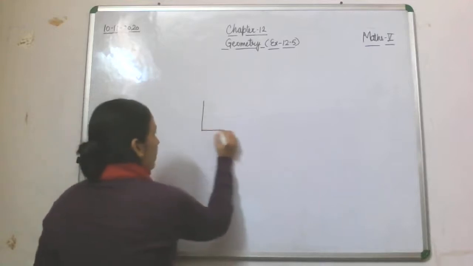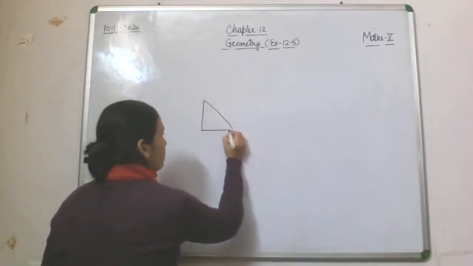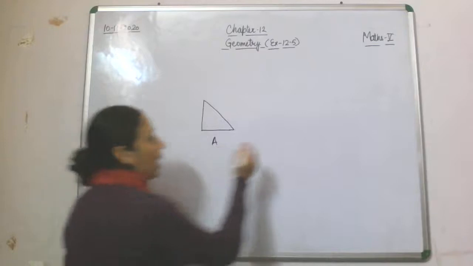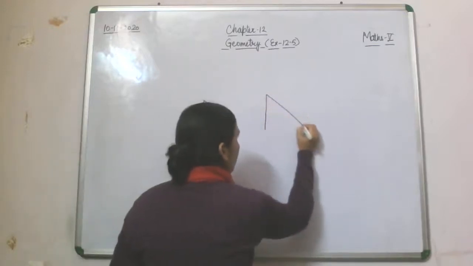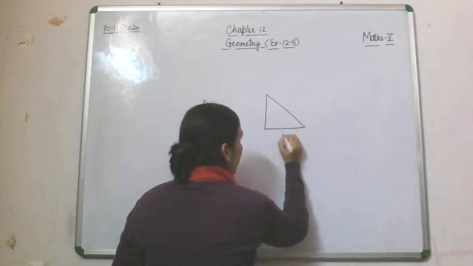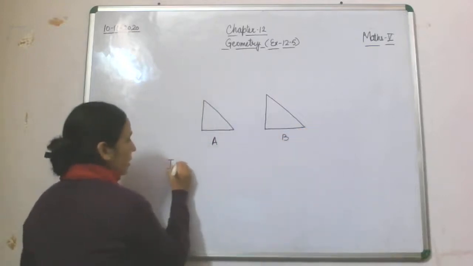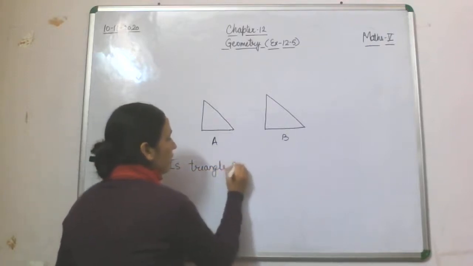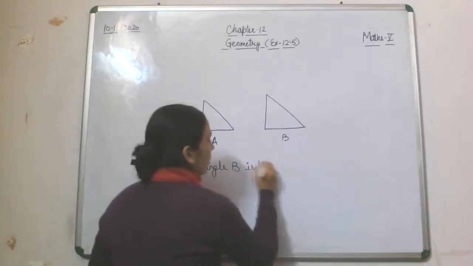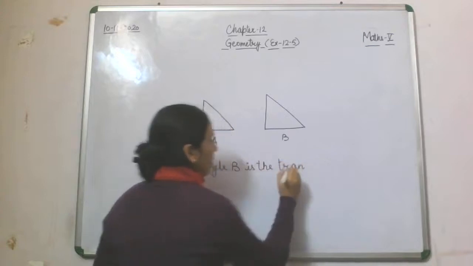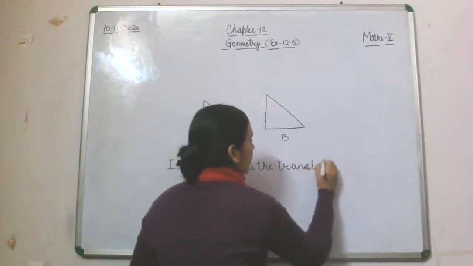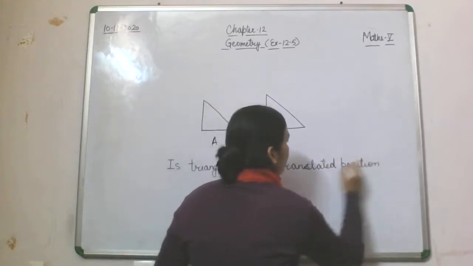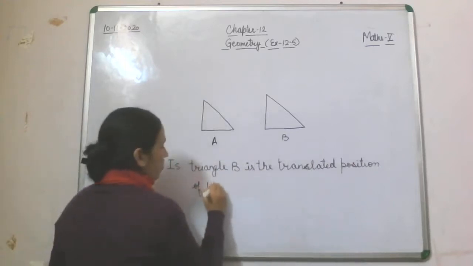If I draw a triangle, this triangle I have drawn, and I'll say this is your position A, and one more triangle I am going to draw, and I will ask, is triangle B the translated position of triangle A?